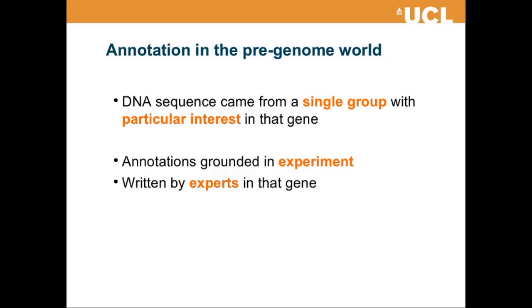Now, in the pre-genome world, if anybody bothered to sequence the DNA of a particular gene, then they were almost certainly a single research group with a particular interest in that gene. And that meant that annotations were grounded in experiments and written by real experts.